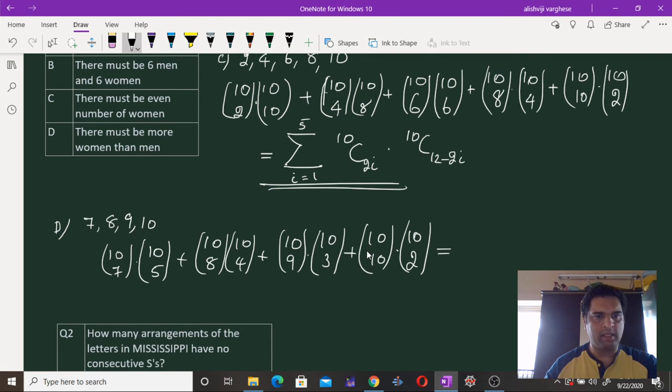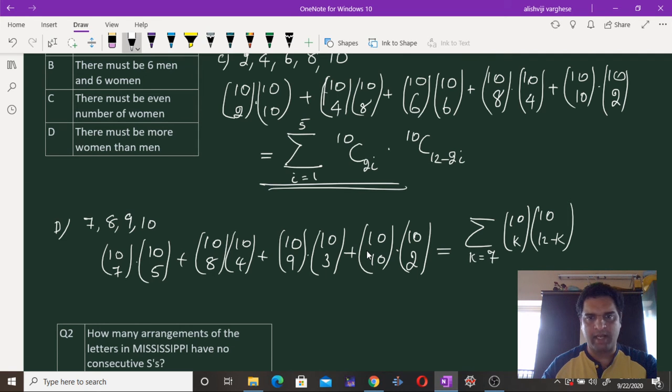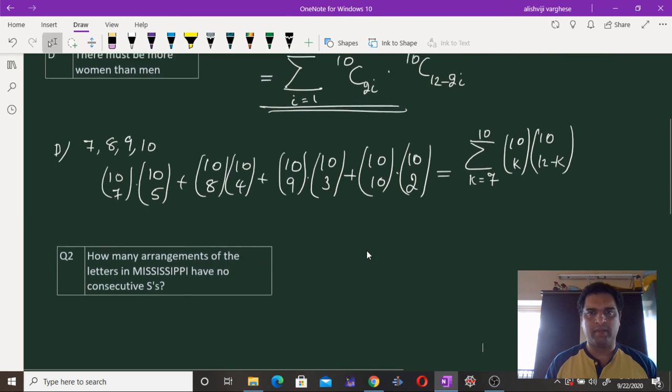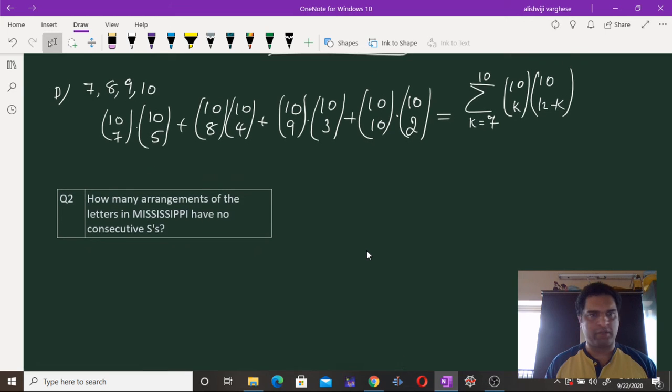This can also be written as a summation: the sum of 10Ck into 10C(12 minus k), where k varies from 7, 8, 9 up to 10. So this is a method to represent the same using summation notation.